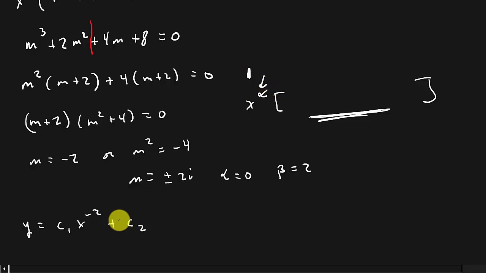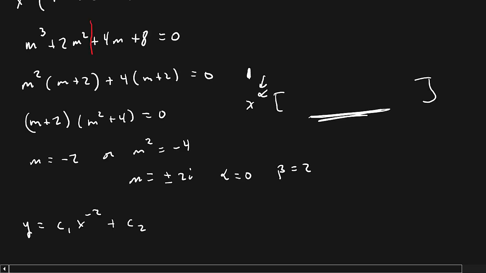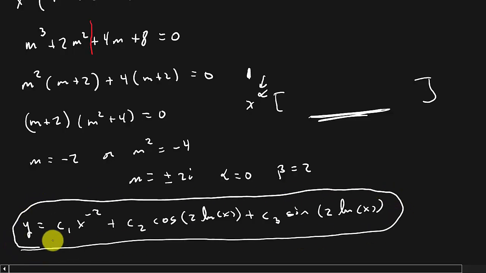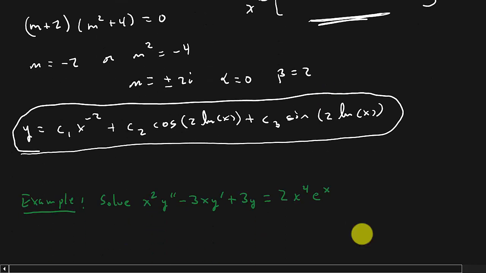Okay, so I don't need to put x to the alpha out here. Alright, so that's going to give me c2 cosine 2 natural log x plus c3 sine of 2 natural log x. And this is your answer right here. Okay, this is some good stuff here. Alright, you're learning some good stuff.